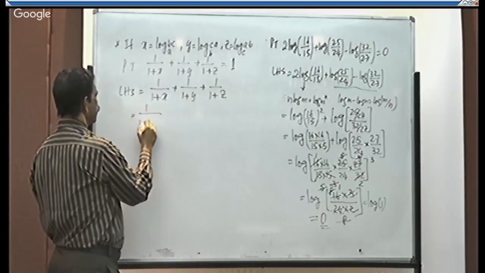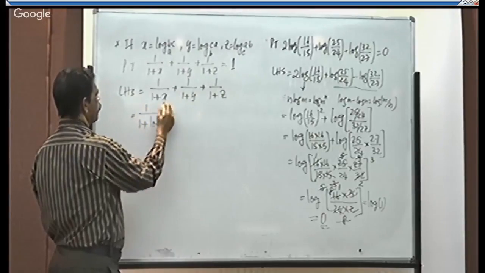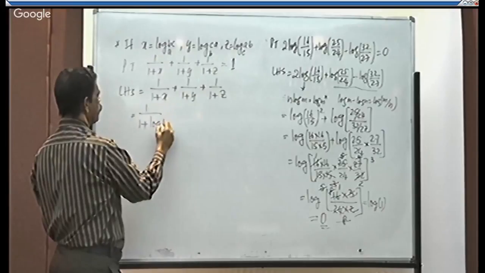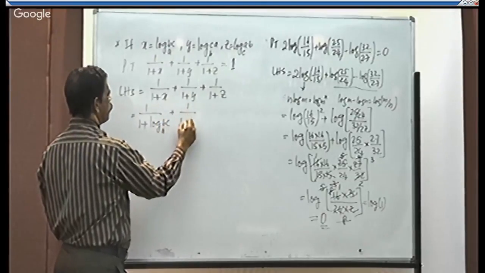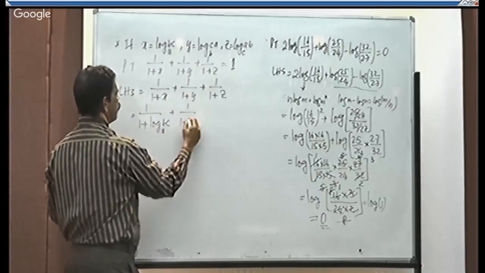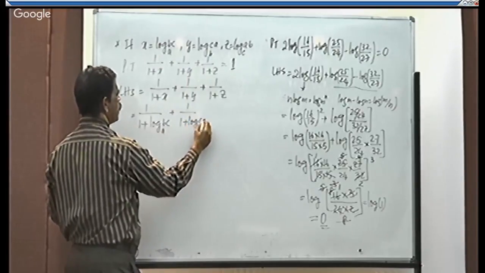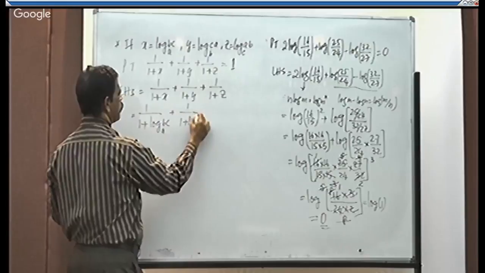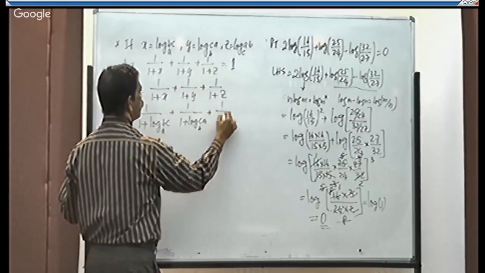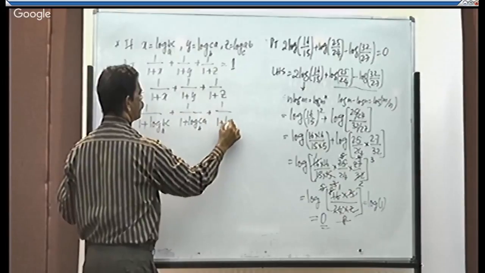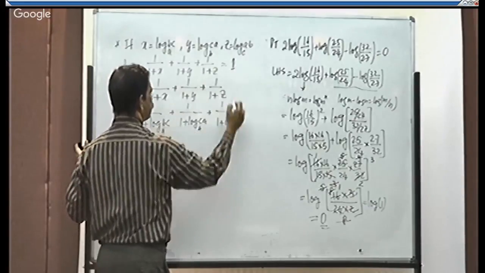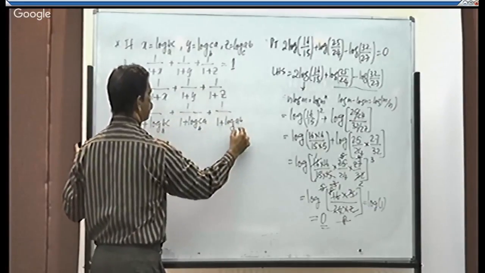It is equal to 1 divided by 1 plus log bc to the base a plus 1 divided by 1 plus y. What is y? It is log of ca to the base b plus 1 divided by 1 plus log of z. Z is equal to what? ab to the base c.